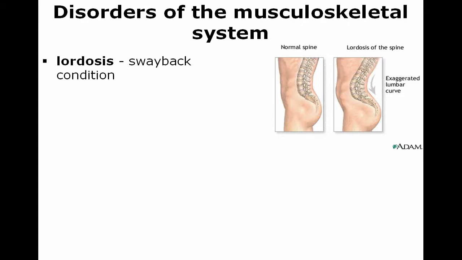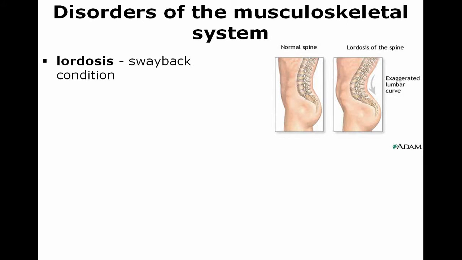Okay, other disorders of the system. Lordosis is an exaggerated inward curvature of the spine. It's commonly called a swayback condition. If you look at the pictures here on the screen, the normal spine does have a lower curvature at the lumbar area.